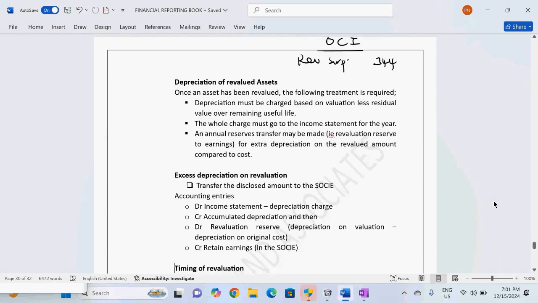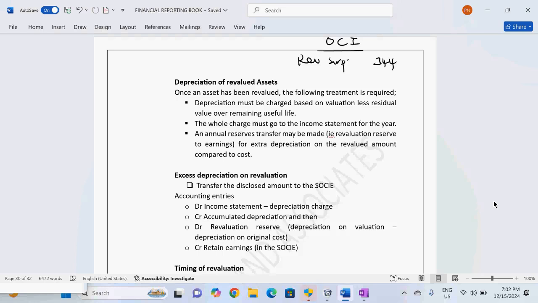Now let's go to depreciation of revalued assets. Once an asset has been revalued, the following treatment is required. Depreciation must be charged based on the valuation less residual value over the remaining useful life. So maybe you charged depreciation earlier.